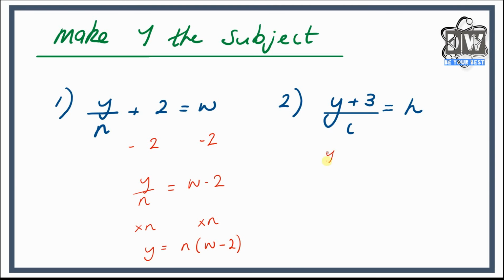If it was just y divided by c plus 3, then I would obviously deal with the plus 3 first, but I can't do that on this occasion. So what is the opposite of dividing by c? It's timesing by c both sides, and that equals y plus 3 equals hc, or h times c. Next thing is to take away 3 from both sides, and we'd be left with y equals hc minus 3.